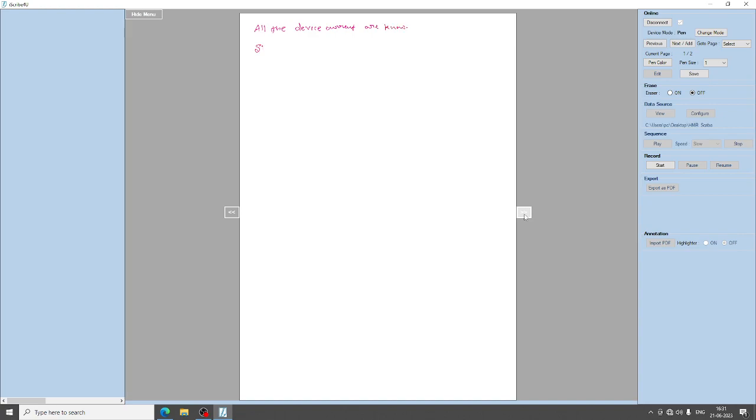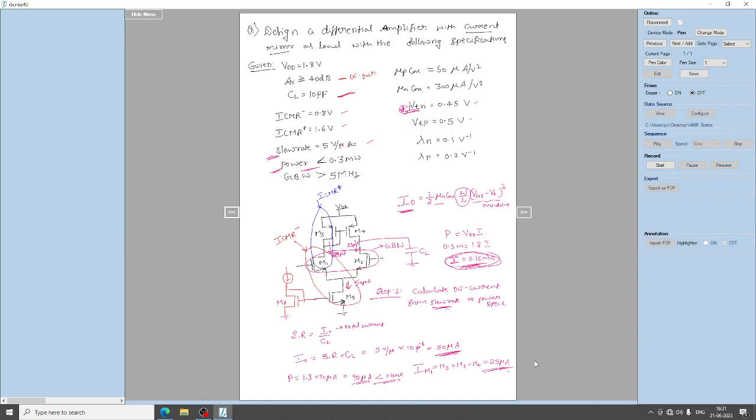So step 2 is to find the overdrive voltage. Here we have discussed finding the aspect ratio using ICMR minus or ICMR plus. We will make use of ICMR plus and find the aspect ratio of M3 and M1. We will look into this.